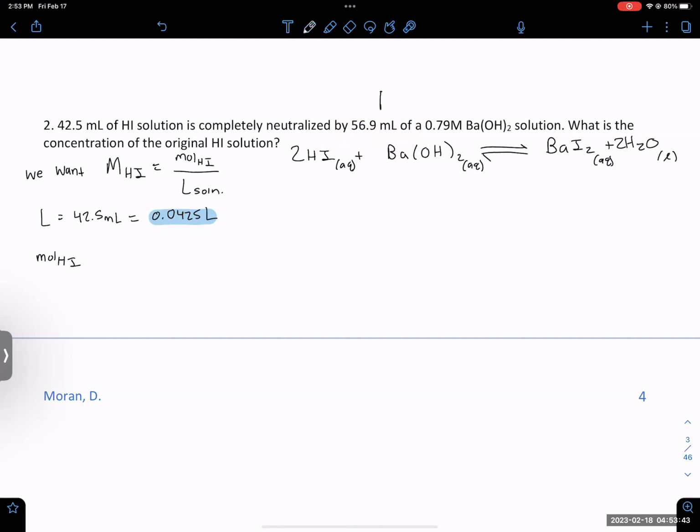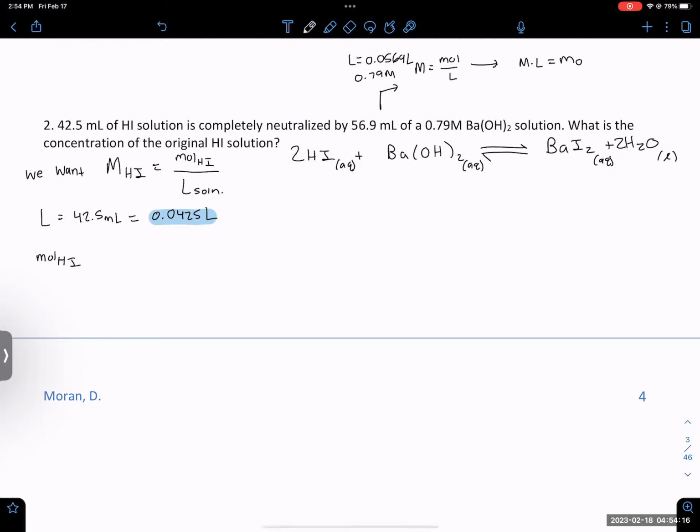So to get moles of barium hydroxide, this is going to be molarity equals moles over liters. The liters here is 0.0569, and our molarity is 0.79. Plugging everything in, let's rearrange this first. So you get molarity times liters equals moles.